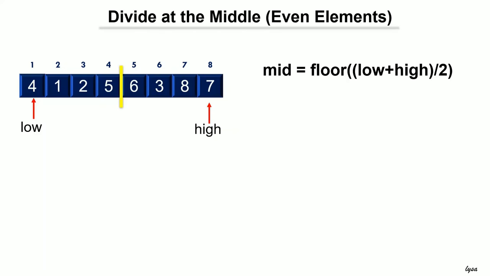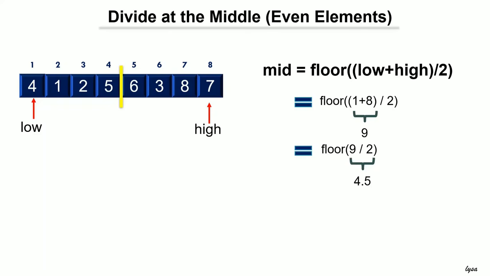The formula for finding the middle value is mid is equal to the floor value of (low plus high) by 2. That is the floor of (1 plus 8) by 2. That is the floor of 9 by 2, which is nothing but the floor of 4.5, which is 4. The mid value is 4.